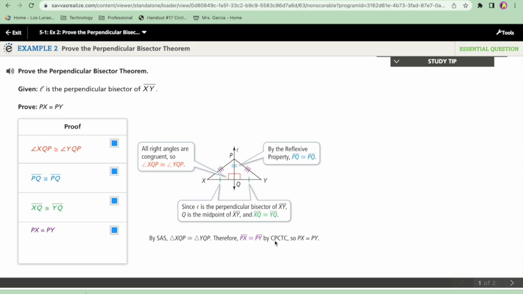So therefore, if those two triangles are congruent, then these sides have to be congruent as well by CPCTC. So I'm going to give you some time to write down these little thought bubbles and the final proof. So this is a different way to write a proof because it's not a two-column proof like we've done before, but it's still a proof.